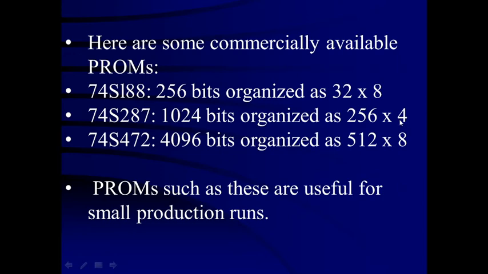In this IC, 74S472 is 4096 bits organized as 512 multiplied by 8. That means 512 words can be stored. There are 512 address lines, and for each address line, 8-bit data can be stored.